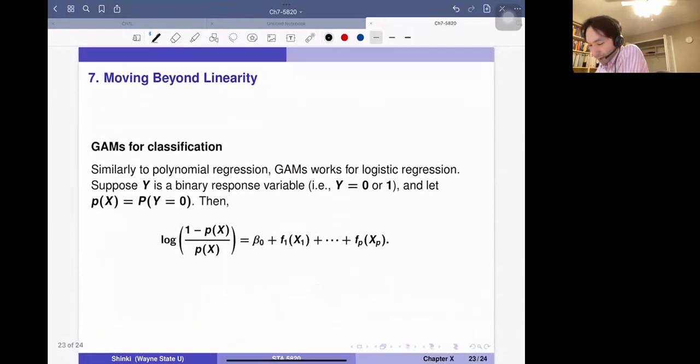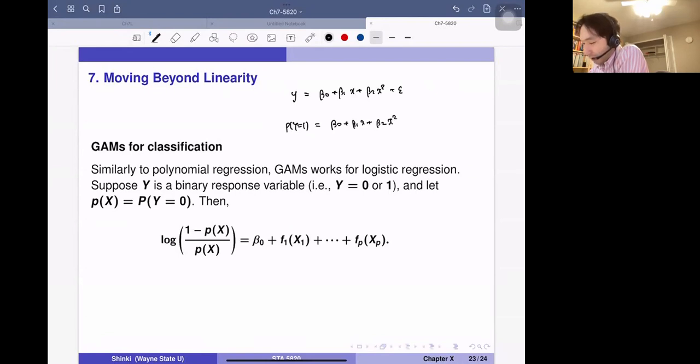And always we can apply this kind of method for logistic regression. So polynomial regression also, if y is continuous scale, then we can fit polynomial regression as this. But also we can fit the logistic regression. So logistic regression, the probability of y is equal to 1 is equal to beta naught plus beta 1x plus beta 2x squared.